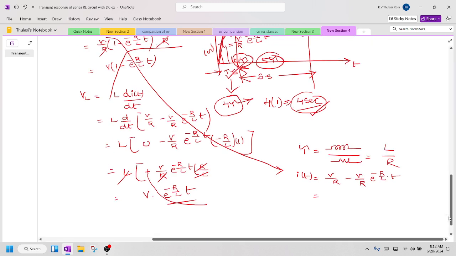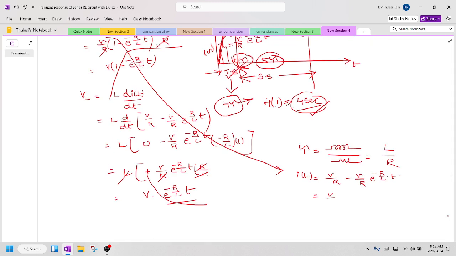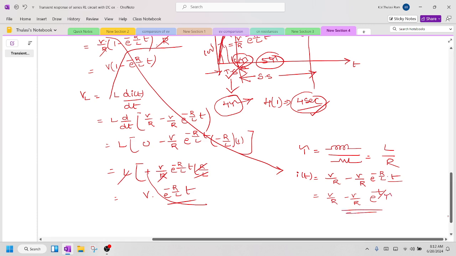So this we can expand and write as V by R minus V by R e to the power minus t by tau, where tau is L by R. So this is the perfect expression.